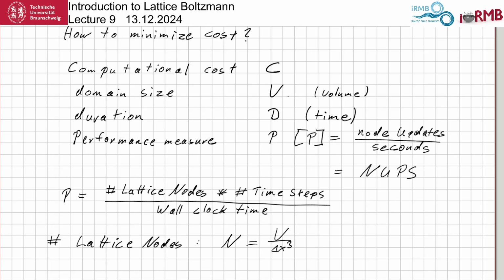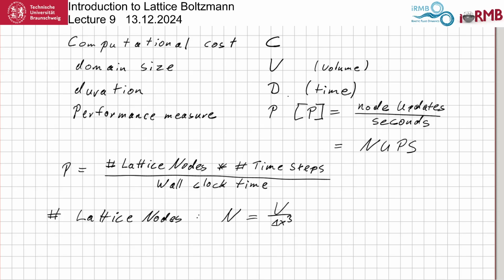Then, what is the number of time steps? Very simple. Let's call it t. This is the duration of our simulation divided by the length of the time steps.